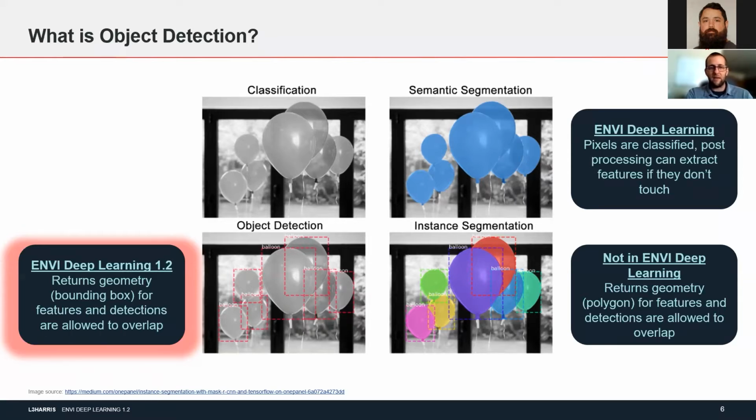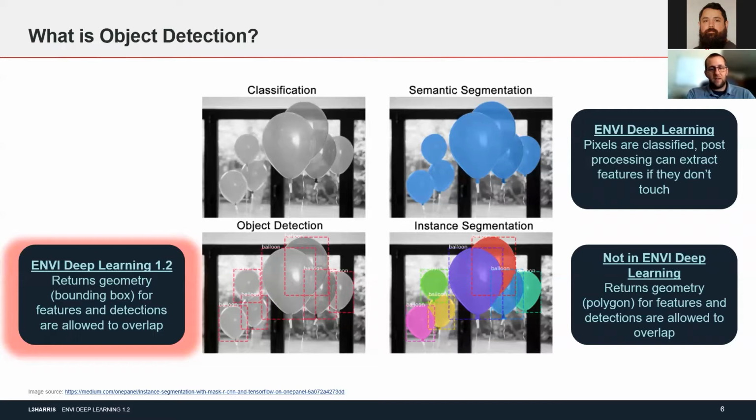What's been added to the deep learning module is object detection. Instead of a pixel map, you actually get geometry for your features out. You get a bounding box that covers the extent. One of the advantages of this is that it allows for different features to overlap with one another. Whereas with semantic segmentation, if your objects are touching, you're going to get one clump of pixels that's going to be turned into one feature if you're vectorizing your data.